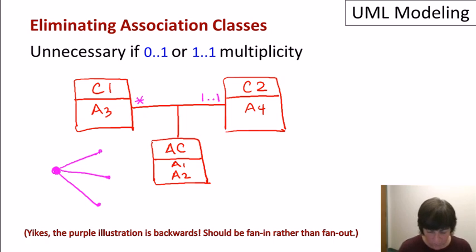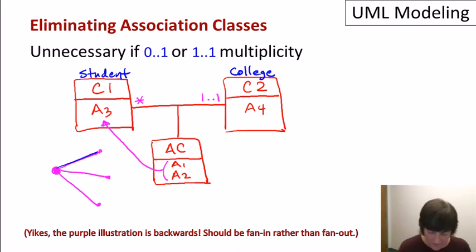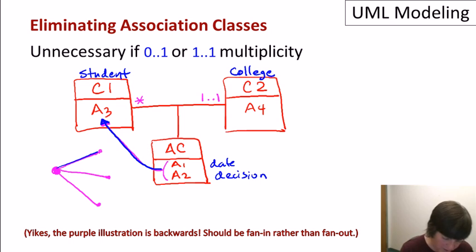And if there's only going to be one association, actually we could take these attributes and we could put those attributes as part of C1 instead of having a separate association class. So for example, if this class happened to be the student class and this was the college class, and we insisted that each student applied to exactly one college, then the attributes we had down here, the date and decision, could be moved into the student class because we know they're only applying to one college, so that would be the date and decision for the one college they're applying to.